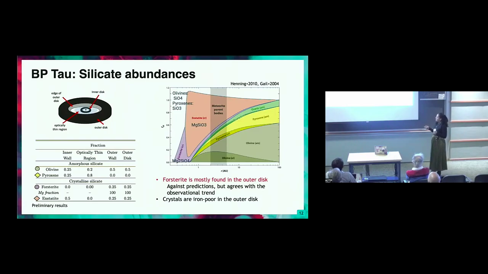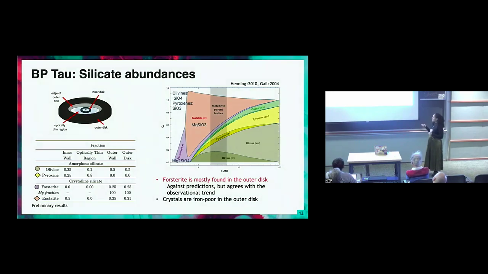What we find is that actually we have a lot of crystals out, especially forsterite, which is predicted to only be in the innermost region, and is all in the outer disk. And this is actually very common in protoplanetary disks. So it's something that needs to be reviewed in the models of chemistry.